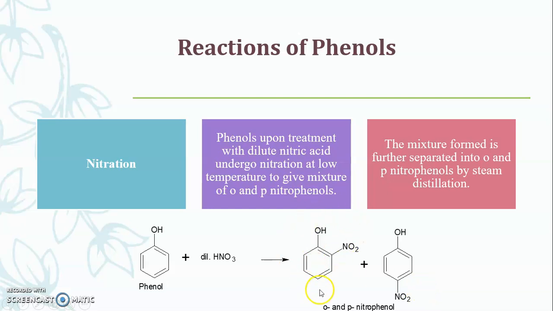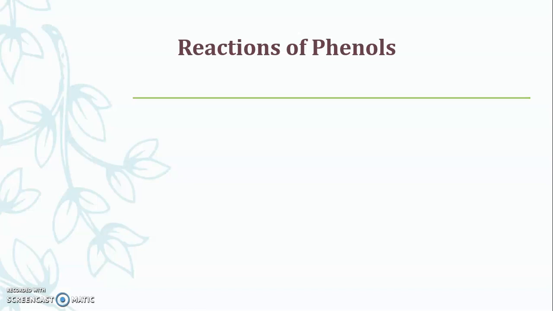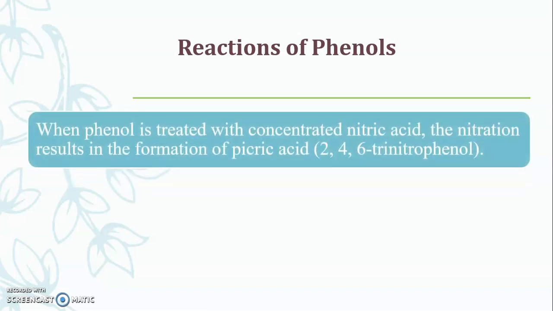So here this is your ortho nitrophenol and here para nitrophenol is there. So it leads to the formation of the mixture of ortho and para nitrophenol, which can be easily separated by using steam distillation.